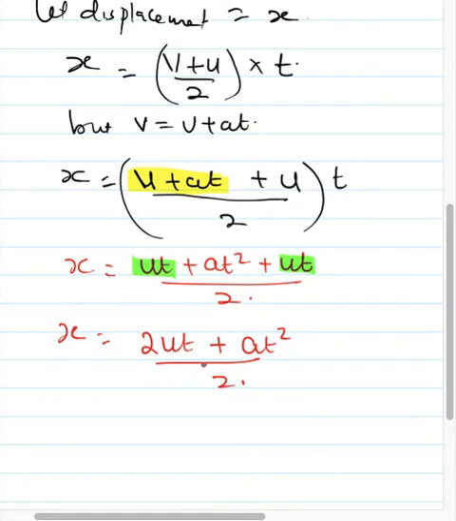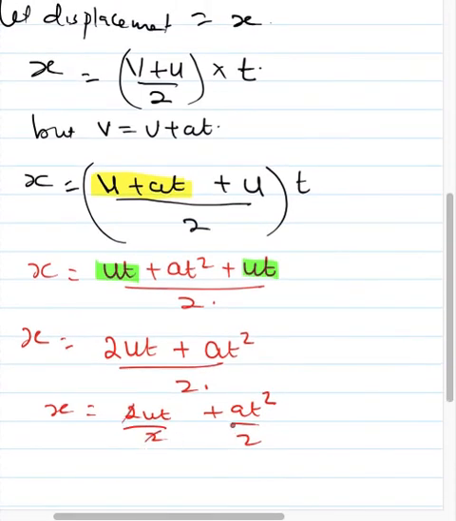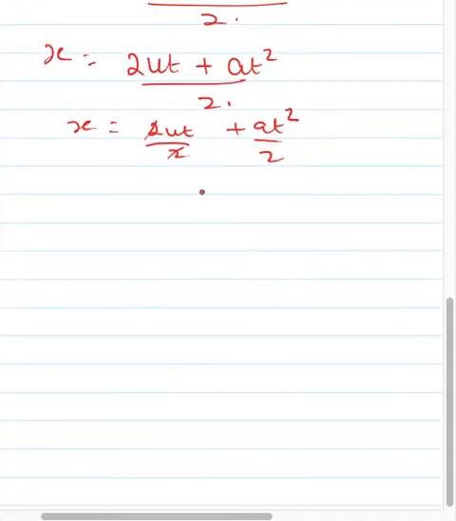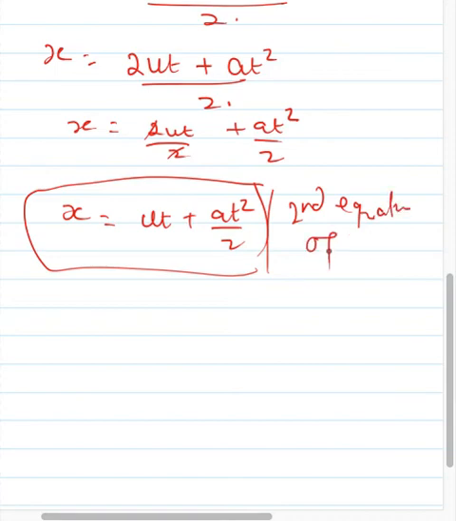A fraction with a common denominator is exactly the same as writing that fraction with the denominator split. So the 2 can cancel, and what we remain with is what we call the second equation of motion. So x will be ut plus at squared over 2. This is the second equation of motion, linear motion strictly.